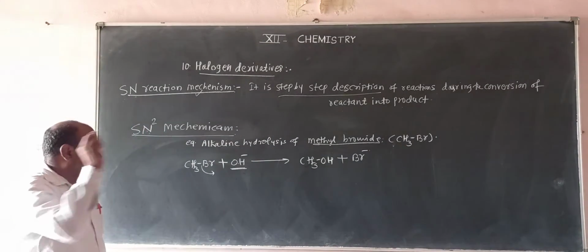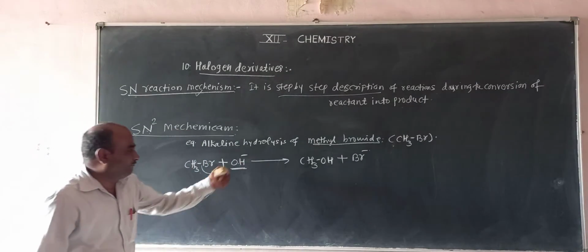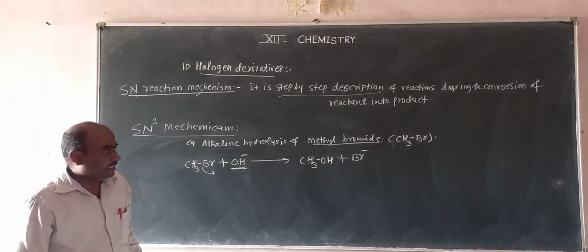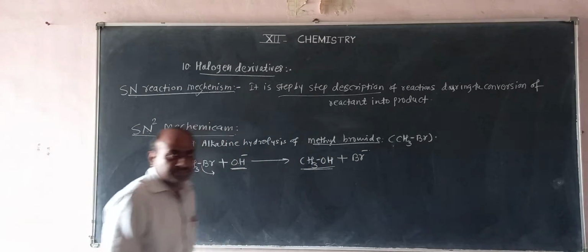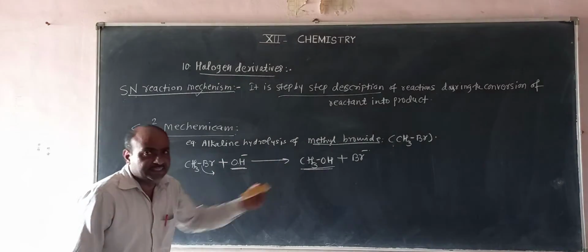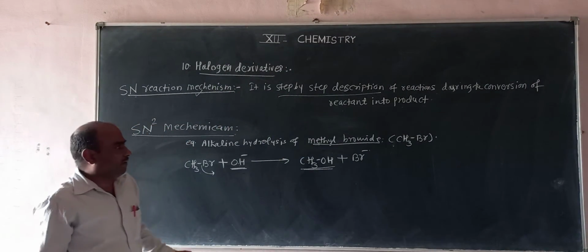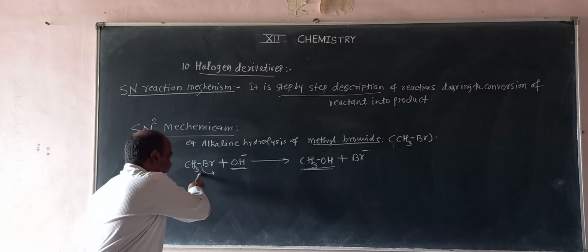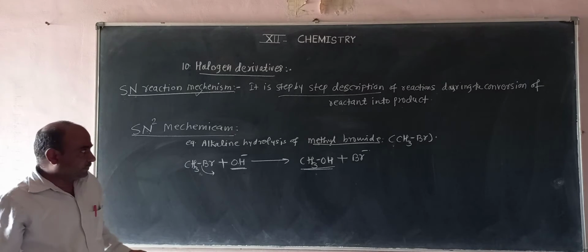Now when methyl bromide is treated with the nucleophile OH minus, how the formation of methyl alcohol takes place is given by the step-by-step description of the reactants being converted into the products.